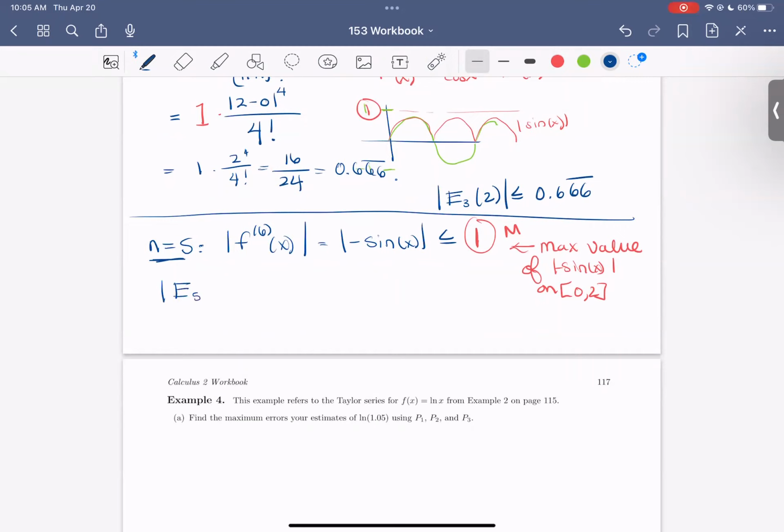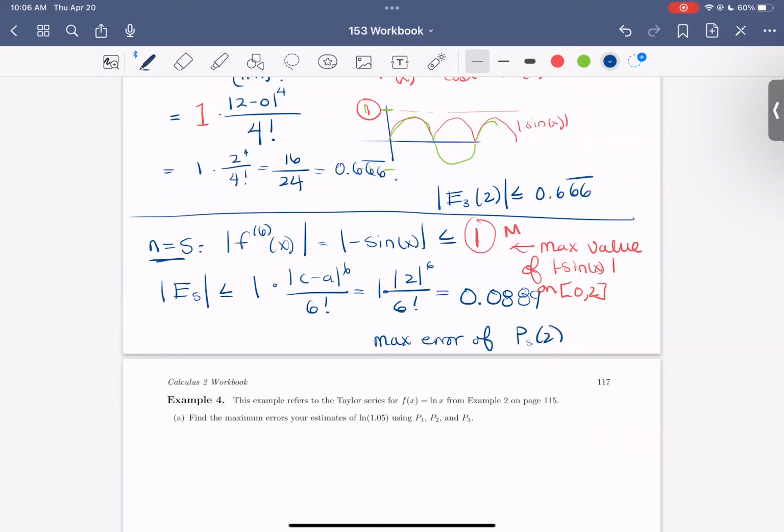The maximum value of the error is going to be less than or equal to 1, which is our M, times c minus a to the 6th over 6 factorial. So that looks like 1 times 2 minus 0, which is just 2, to the 6th over 6 factorial. You can compute that in your calculator. You should be getting something around 0.0889. So this is the max error, not of e, but of our 5th degree polynomial at 2.